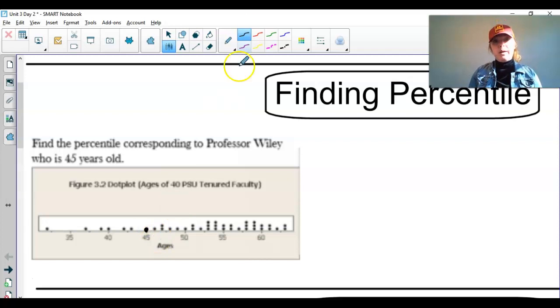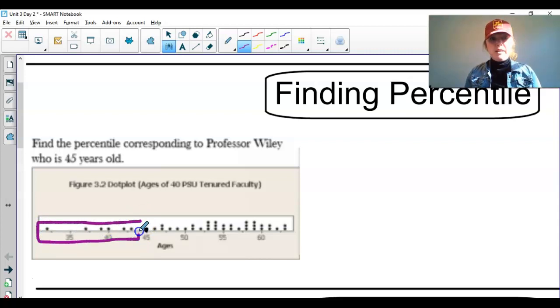So what I want to do right now is count how many ages are less than 45. Percentile is always about being less than that. Everything that is less than that is in this region right here. So I'm going to count how many dots are less than 45, and that is 1, 2, 3, 4, 5, 6. So that's our first step.